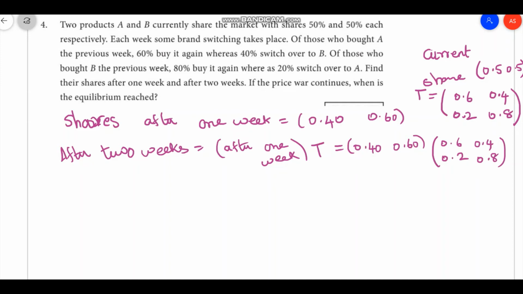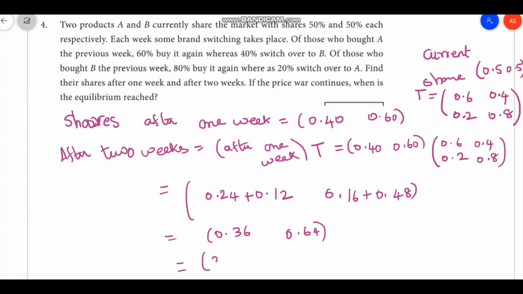Multiplying first row by first column, you get 0.24 for the first one and 0.12 for the second. For the second calculation, first row by second column, you get 0.16 plus 0.48. Together, simplification gives 0.36 and 0.64. Converting into percentage, we have 36% and 64%. So after 2 weeks, the market share is 36% and 64%.